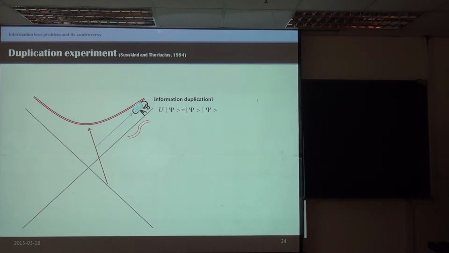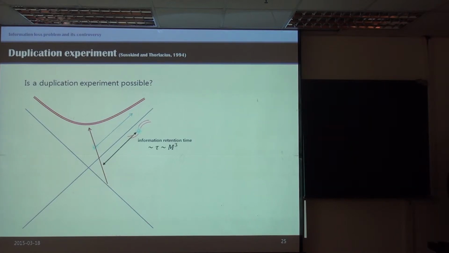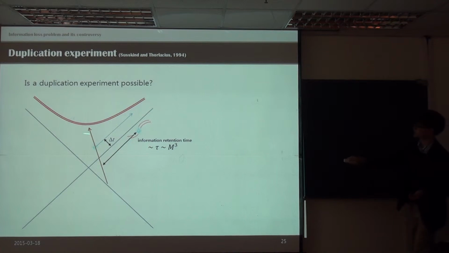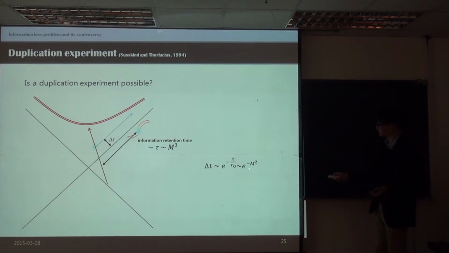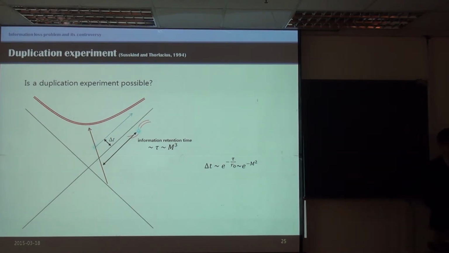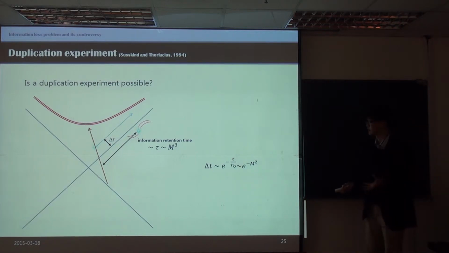considered by Susskind, Thorlacius and Uglum in 1994, but at that time they said that this was impossible because the time difference delta t, after a simple calculation, should be exponentially short, exponential of minus m squared. This means that to send a bit of information, we have to rely on the uncertainty relation, delta E delta t of order h bar.